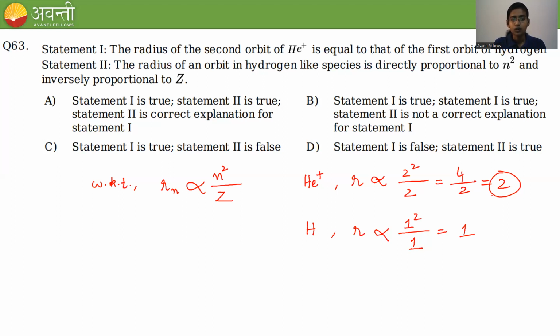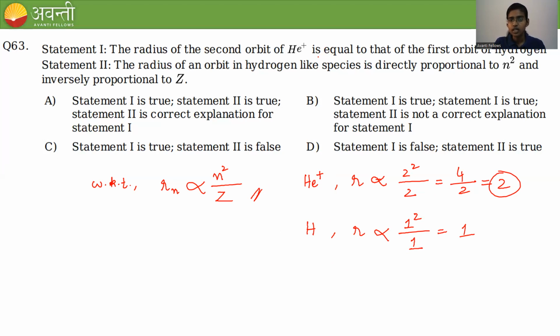Okay, now coming to the second statement. The radius of an orbit in hydrogen-like species is directly proportional to n squared and inversely proportional to Z. So statement 2 is correct. But you see here, the radius of helium plus is twice that of hydrogen, I am really sorry.